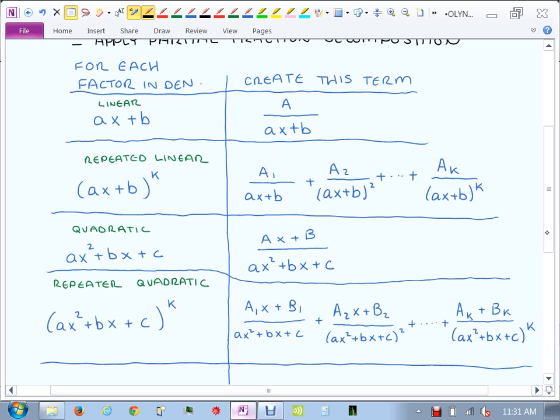The ax plus b here is like a linear factor, like the x minus 1. For each one of those, I put a constant over it. So I put a over x minus 1. Then I had another linear factor, x plus 8, so I put another b over that. Does that table make sense? For each linear factor, you have to create one of those in your breakdown.